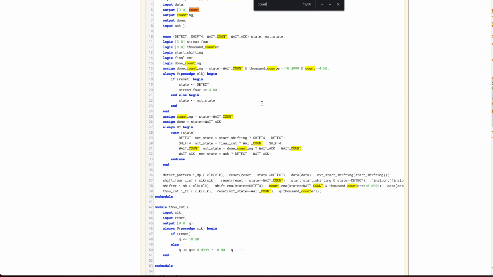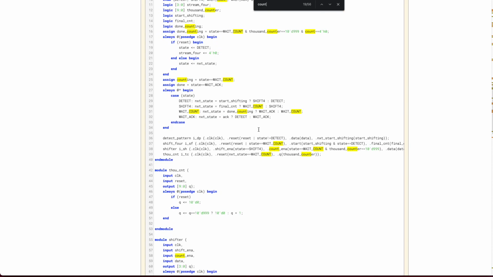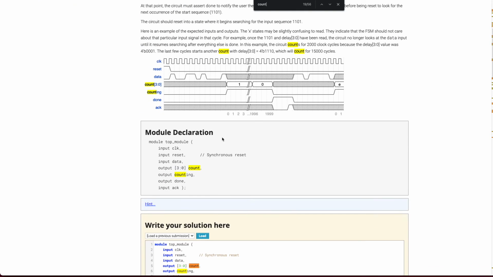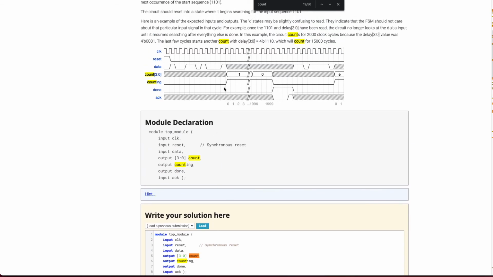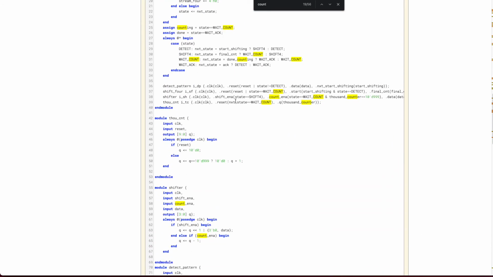Okay. If the next state is wait count, which means I am at this cycle, then I want to start counting.